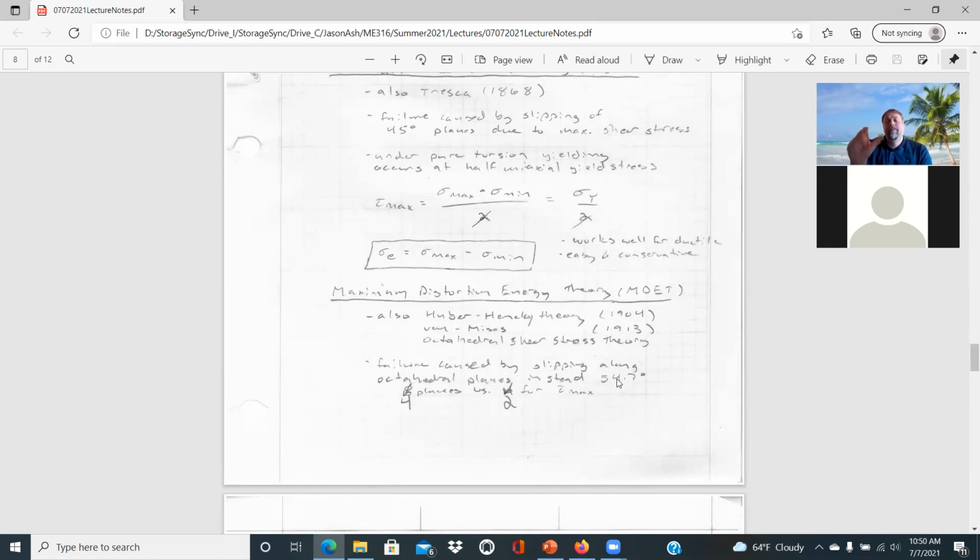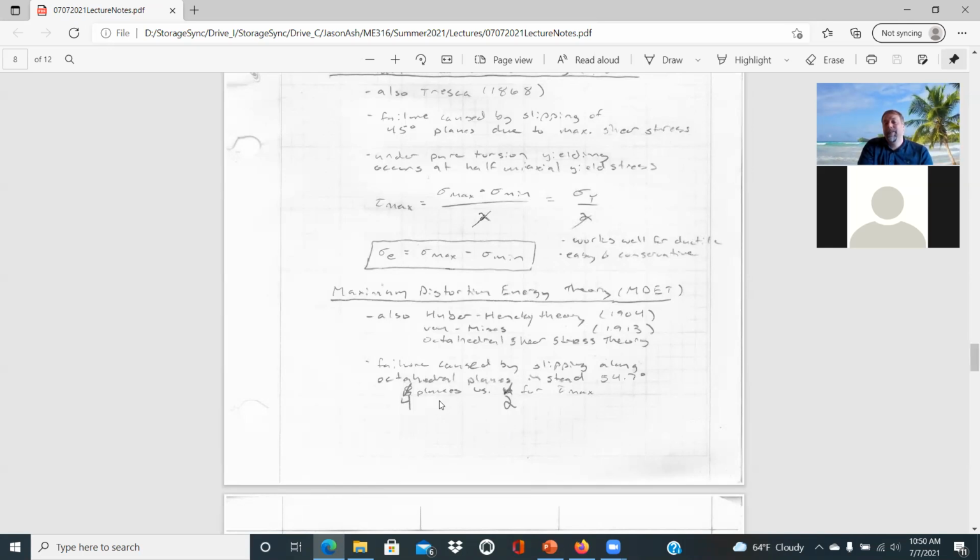And since planes are repeated 180 degrees apart from one another, you'd have 4 planes for your octahedral planes versus 2 for your maximum shear planes. And then when you factor in material defects, that type of thing, it just increases the probability that failure will occur on those octahedral planes as opposed to the maximum shear planes.